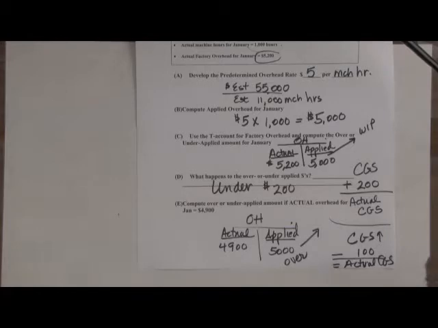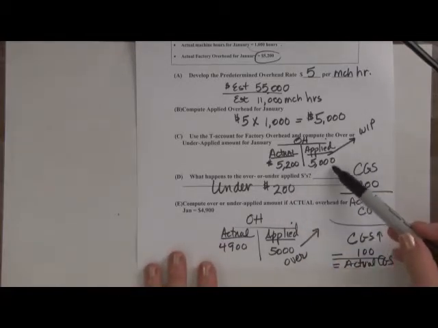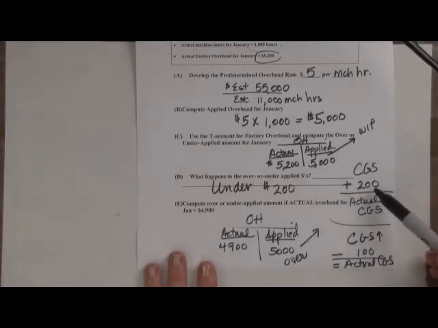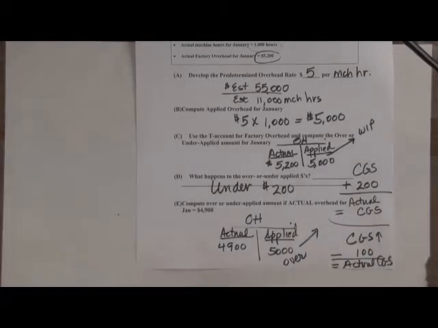So we can summarize here that when we over apply, we have to subtract the amount that we've over applied from cost of goods sold. When we under apply, as we did in the earlier example, we did not send enough. We must add that amount to cost of goods sold to get it to its actual amount.